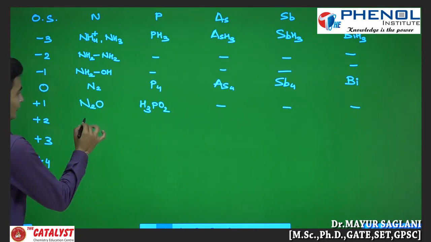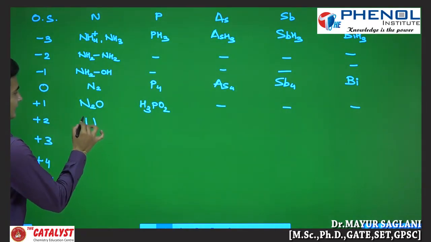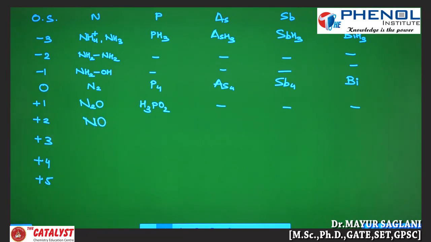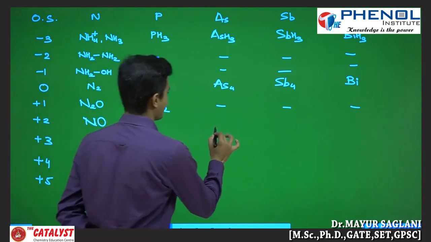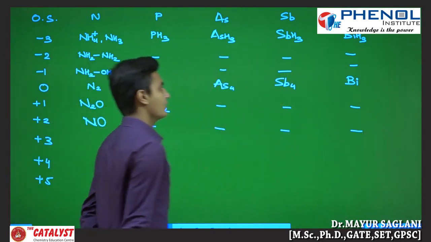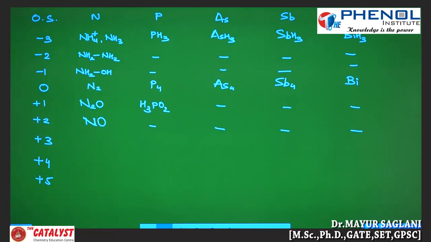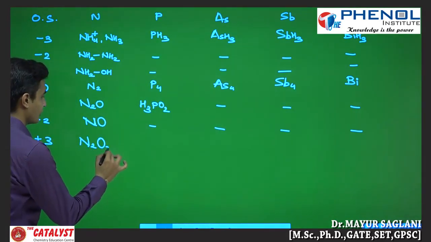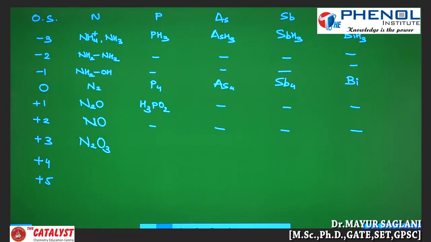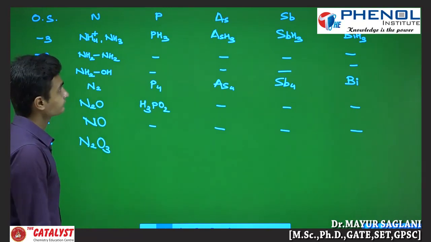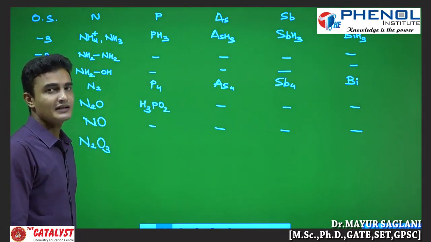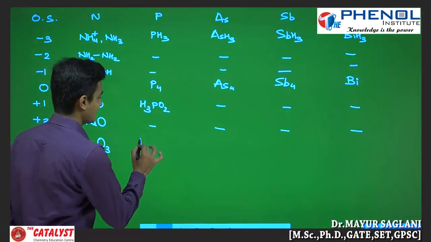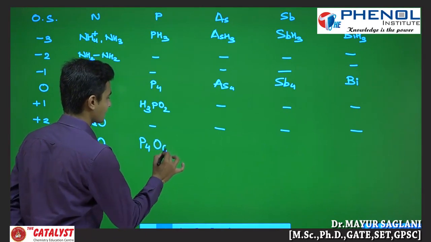For the +2 oxidation state, NO is the compound in which nitrogen shows +2; phosphorus, arsenic, antimony and bismuth will not show +2. Now +3, all elements will show the +3 oxidation state. We write N2O3, in which nitrogen is in +3. Likewise, P2O3 is not stable, so I'll write its dimer, P4O6.